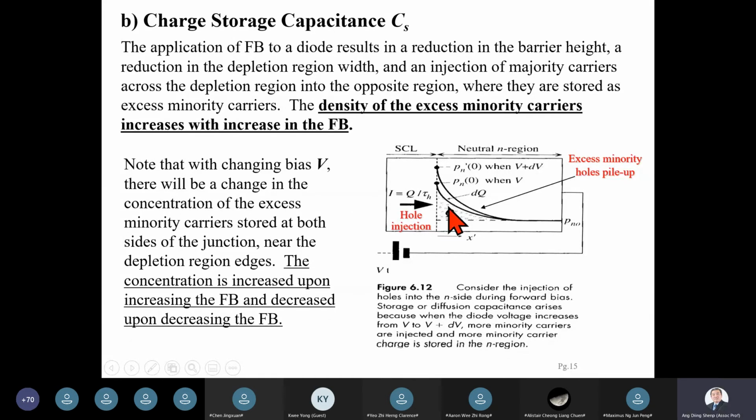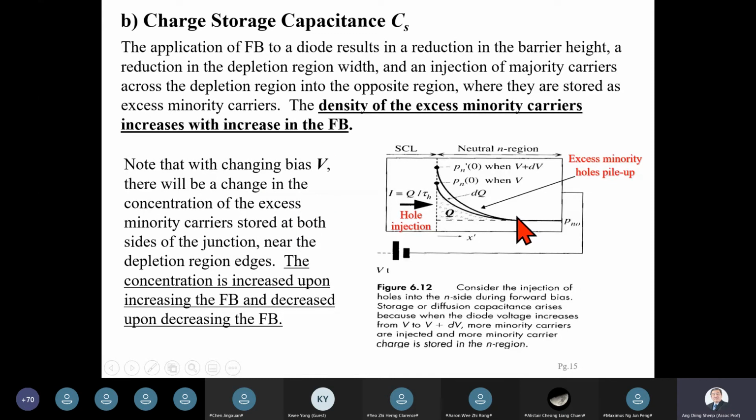Now imagine I increase the forward bias slightly, in other words, I make the PN junction more forward biased. That will result in more carrier injection, so the amount of holes stored in the quasi-neutral N region will increase. This increase is represented by the second black line here. The same applies to the excess electrons stored in the quasi-neutral P region.